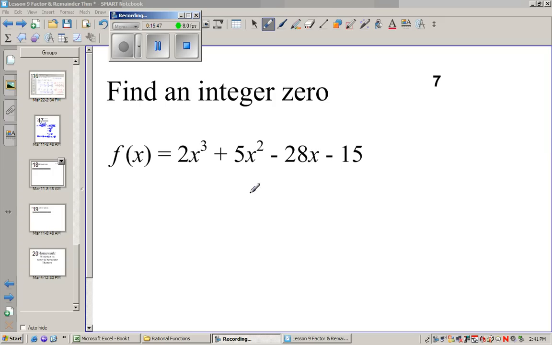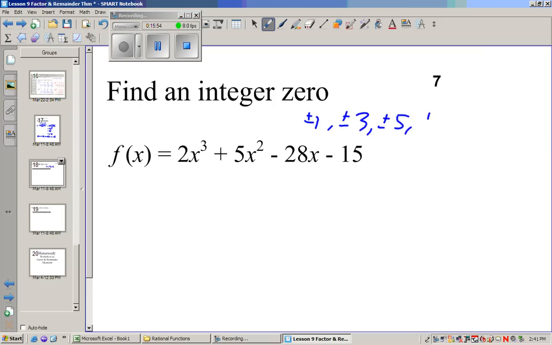Alright, now if we do this, the zeros I would try are plus or minus 1, plus or minus 3, plus or minus 5, and plus or minus 15. Now there's a couple other ones, plus or minus 1/2, plus or minus 3/2, plus or minus 5/2, and plus or minus 15/2.